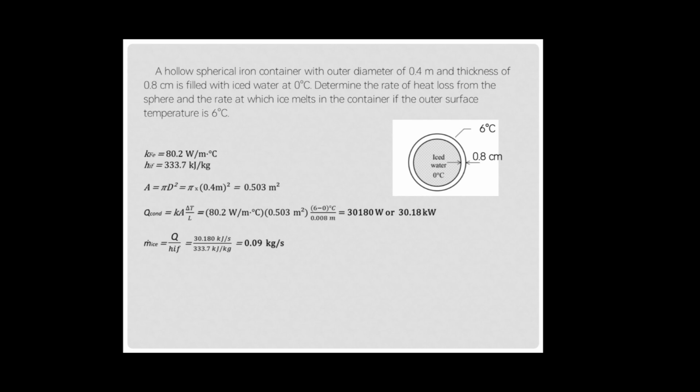Now, considering that it takes 333.7 kilojoules of energy to melt 1 kilogram of ice at 0 degrees Celsius, the rate at which ice melts in the container can be determined from m dot ice equals the rate of heat transfer, which is the Q, over the heat of fusion of water, equals 30.180 kilojoules per second over 333.7 kilojoules per kilogram.